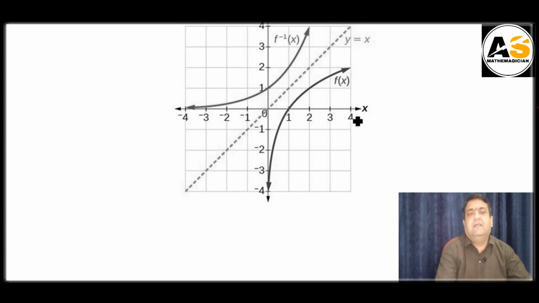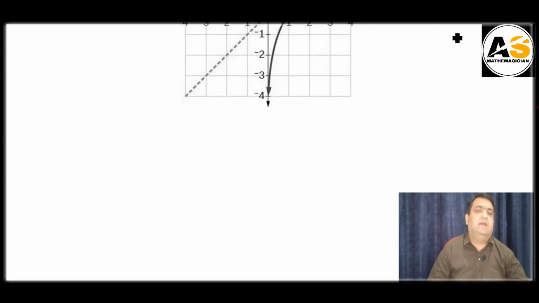So functions and their inverses, if they are plotted on the same axis, have the y is equal to x line as the axis of symmetry of the two graphs. I hope this would be very clear. In many past year questions, we will use this concept to answer some questions.